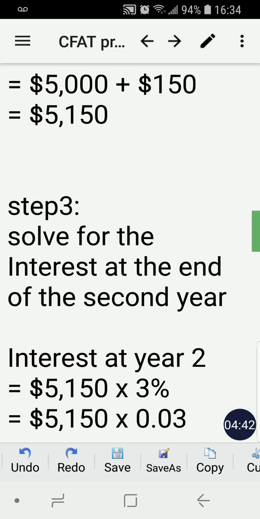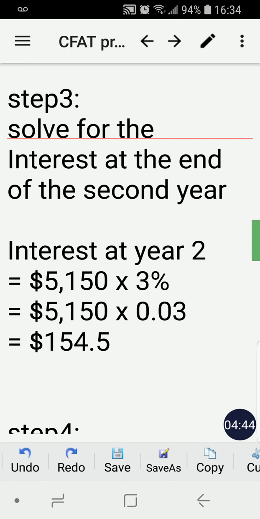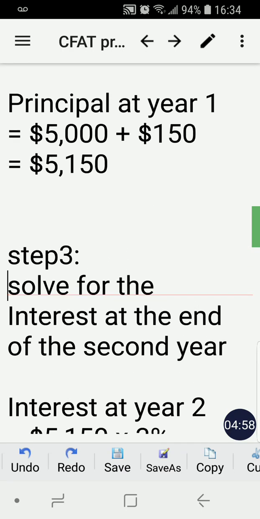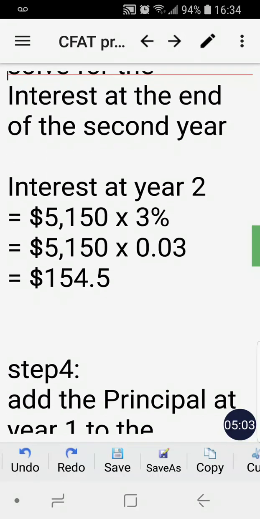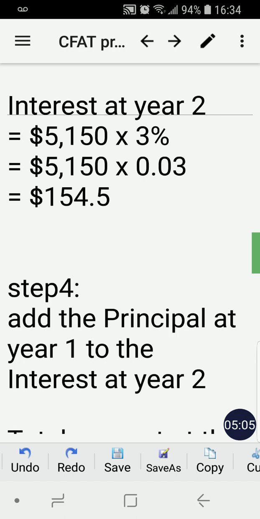Step 3 now is to solve for the interest at the end of the second year. We will use the principal which we just calculated at the end of year 1, which is 5,150. That will be the principal used in the calculation at year 2.